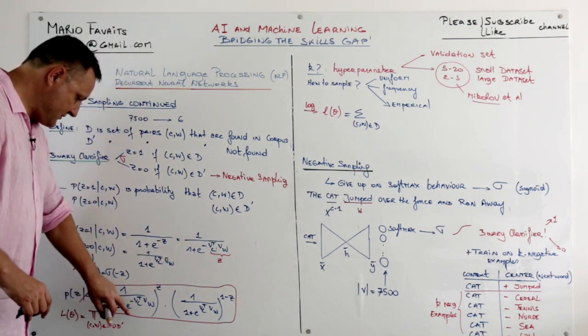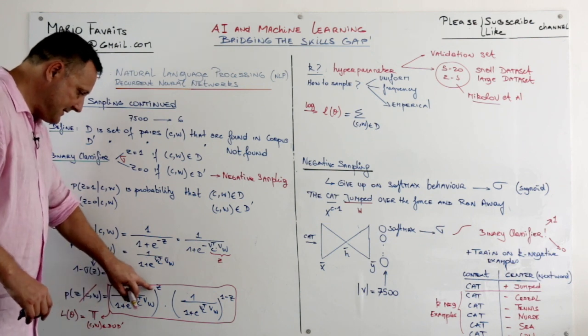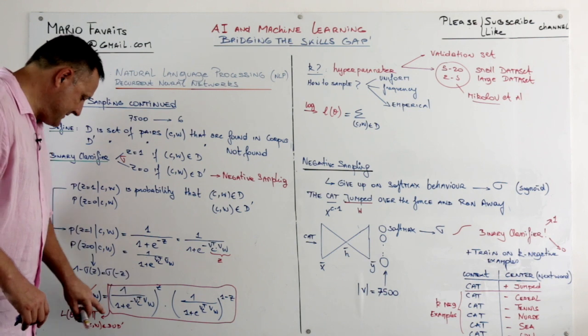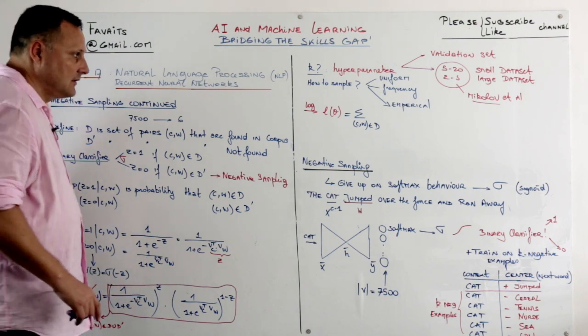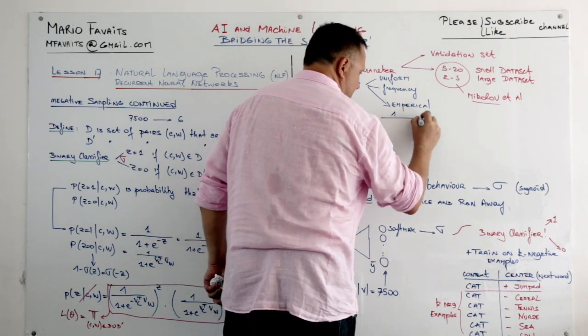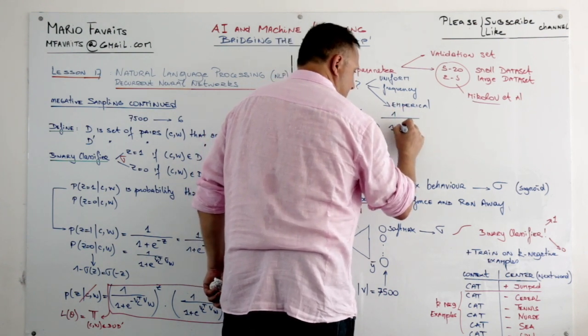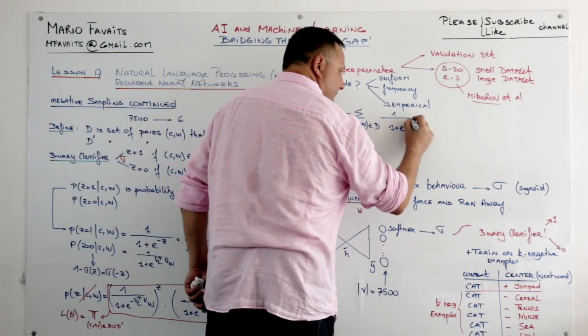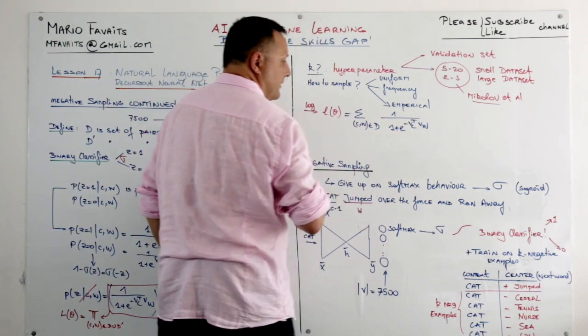The log of this is z times that, but z in this case is 1, so we end up with this 1 plus e to the minus Vc transpose Vw.